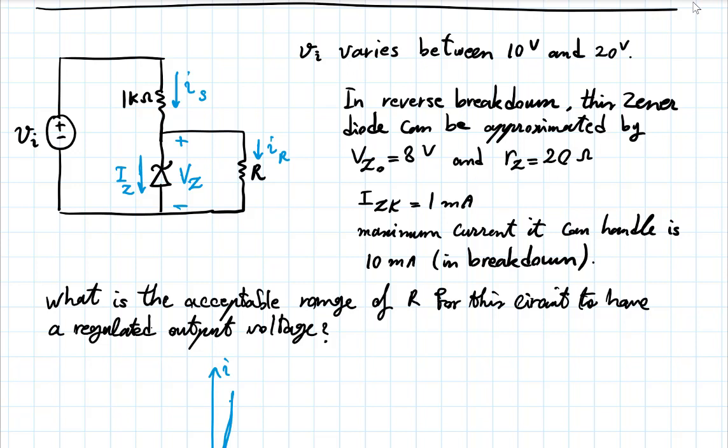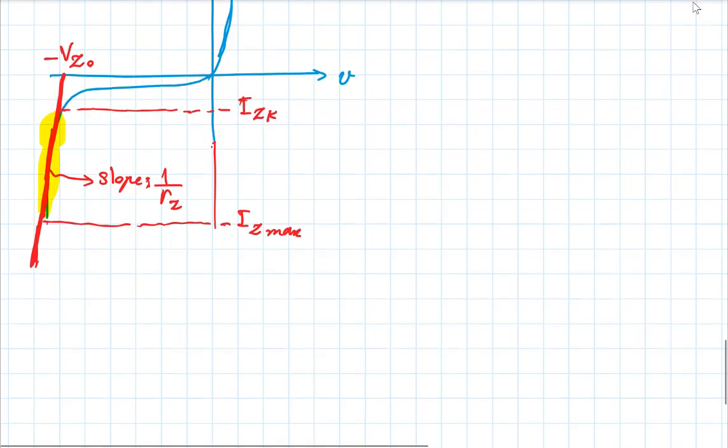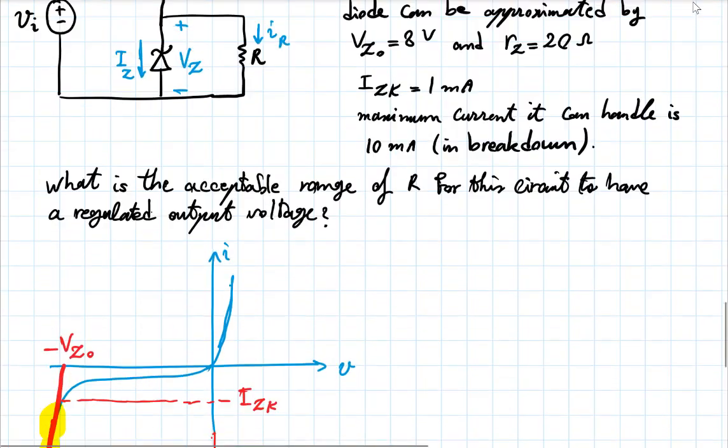So it's primarily the variations in Iz that will determine the variations in IS. Now, what I have to make sure of is that as Vi varies, IS does not vary to the point that Iz will fall outside the range. So that's my thing. So now let's try to solve it.